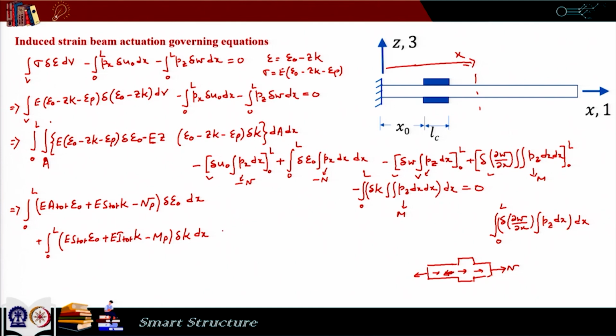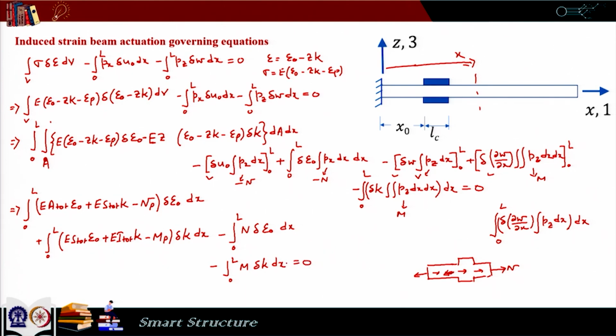So, that gives me minus of 0 to L n del epsilon 0 dx minus 0 to L m del kappa dx equal to 0.